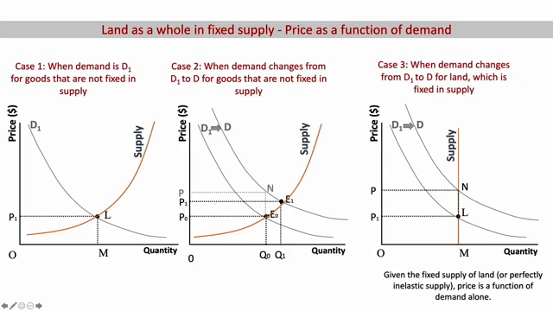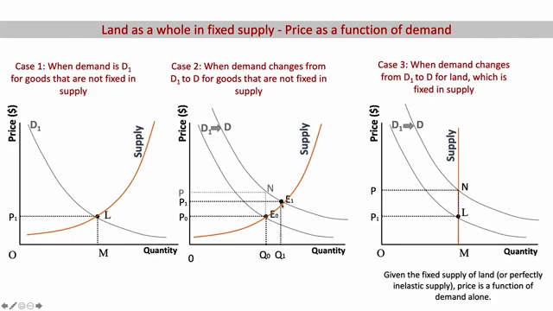Since the demand has increased, the equilibrium price has also increased from P0 to P1. And the quantity has also increased from Q0 to Q1. So the equilibrium quantity and equilibrium price for the increased demand are greater than the equilibrium quantity Q0 and equilibrium price P0 for the earlier demand D1.